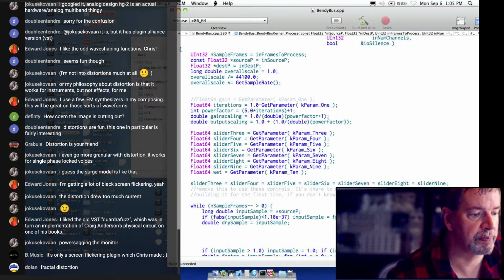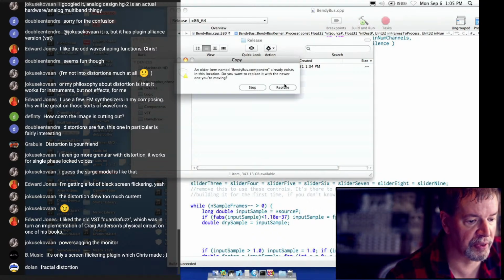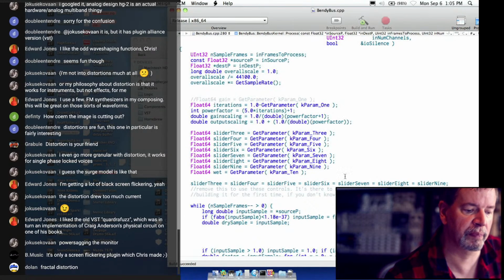For now, let's build this one more time, because I'm about done with my work for the day. It's not going to be called Bendybus. Oh, wait. I have an idea.